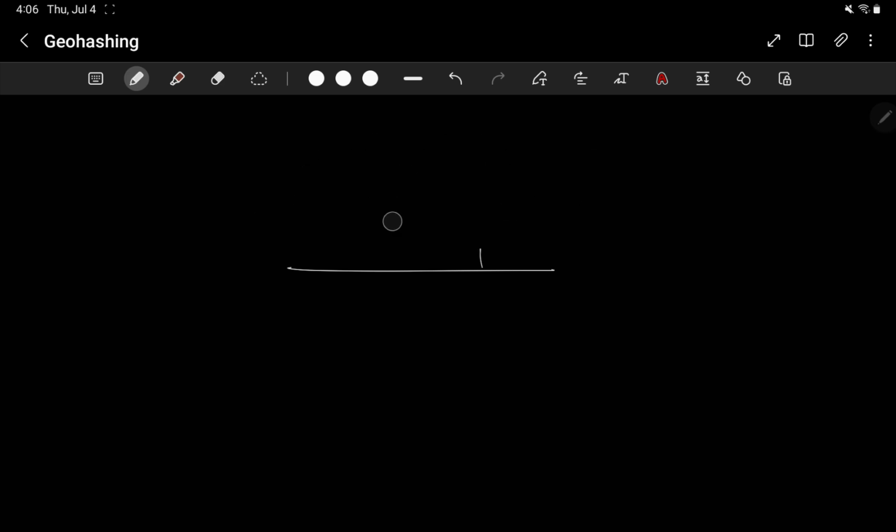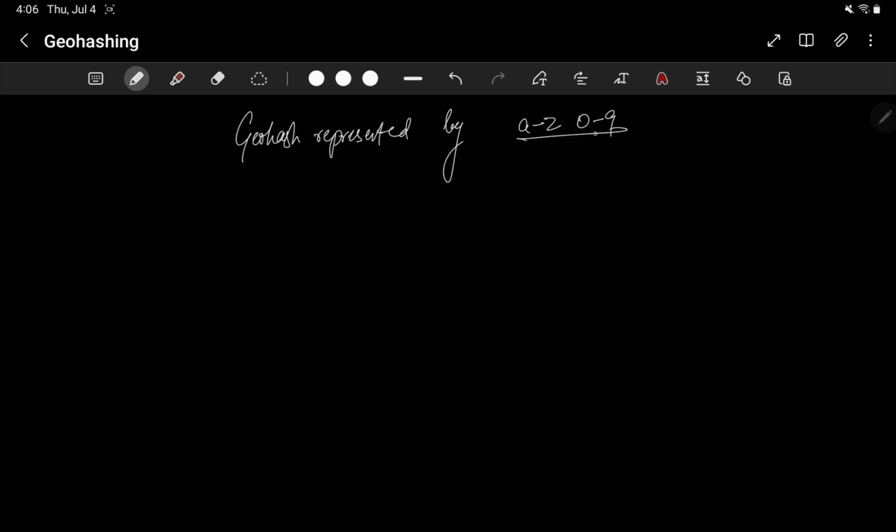Let's say a geohash is represented by characters from A to Z and 0 to 9, then it means it's 26 plus 10, it's 36 here. I'm not sure if capital letters are used, so for now let's assume it's 36.